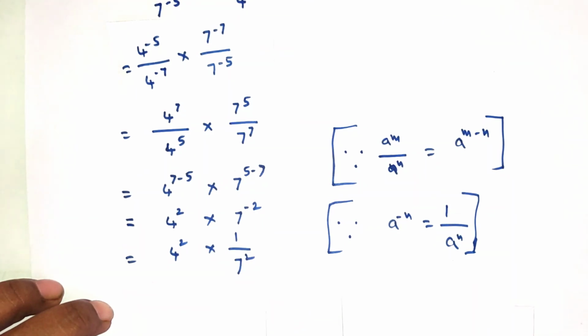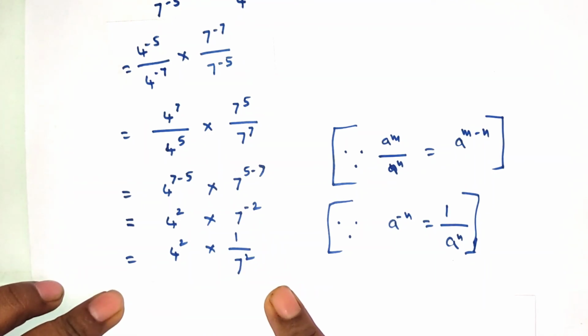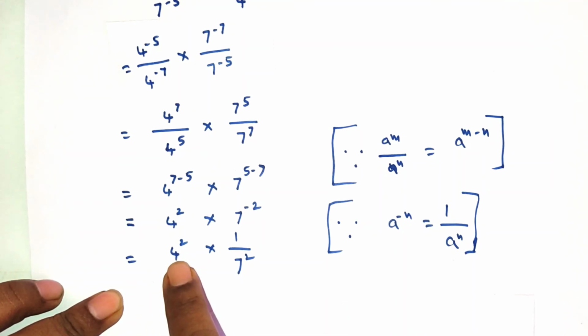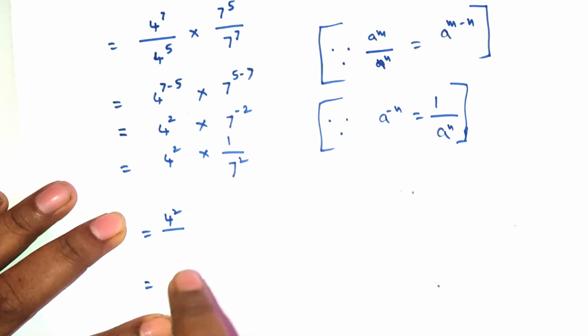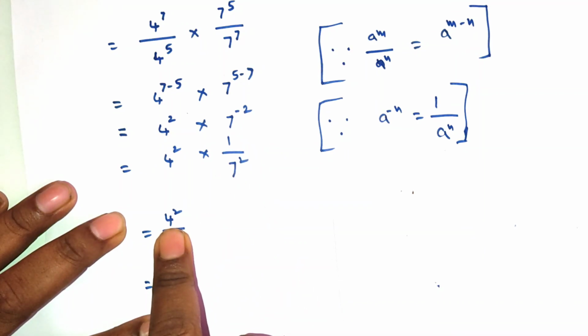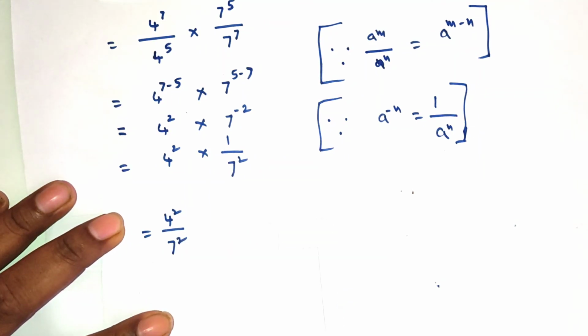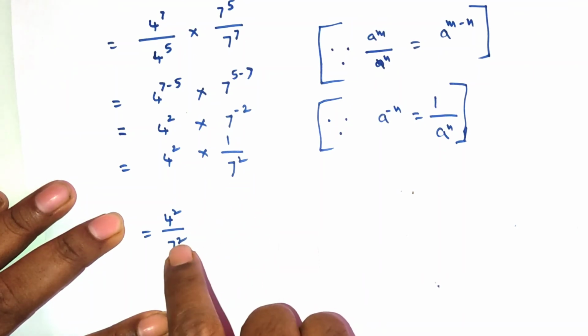By applying this law, we got 1 by 7 square. Let us simplify this further. Now we have to multiply 4 square with 1. 4 square into 1 is 4 square. So we have written 4 square here, and 7 square here.